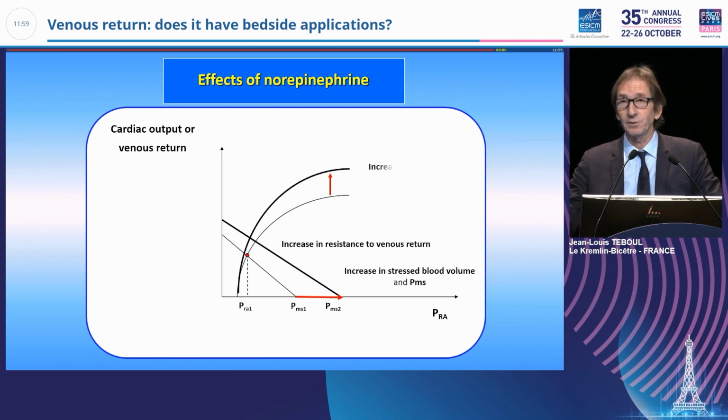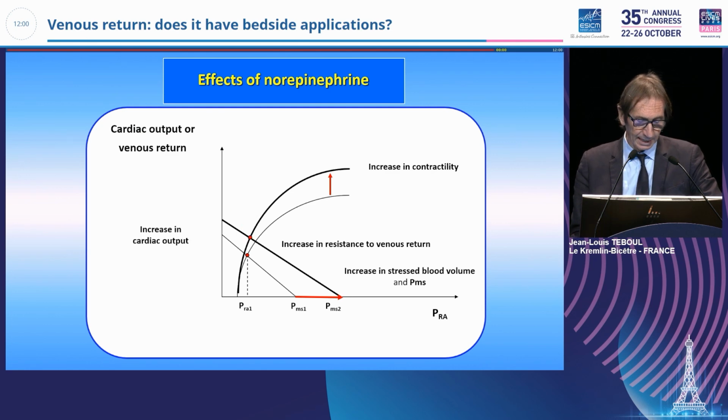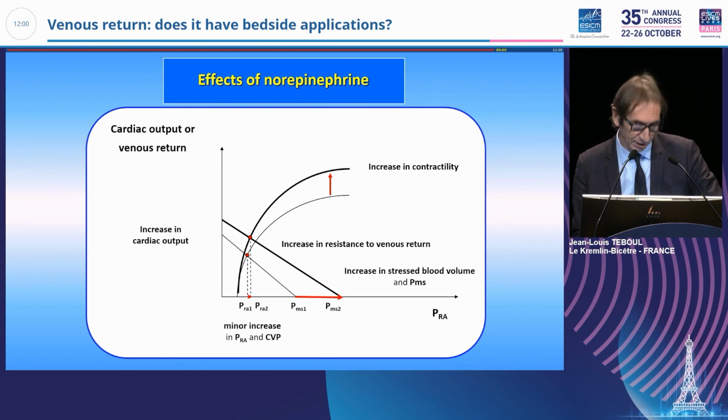At the same time, we have an increase in cardiac contractility, so also an upward shift of the Frank-Starling curve. And therefore, cardiac output finally increased with norepinephrine, and the right atrial pressure does not increase so much.